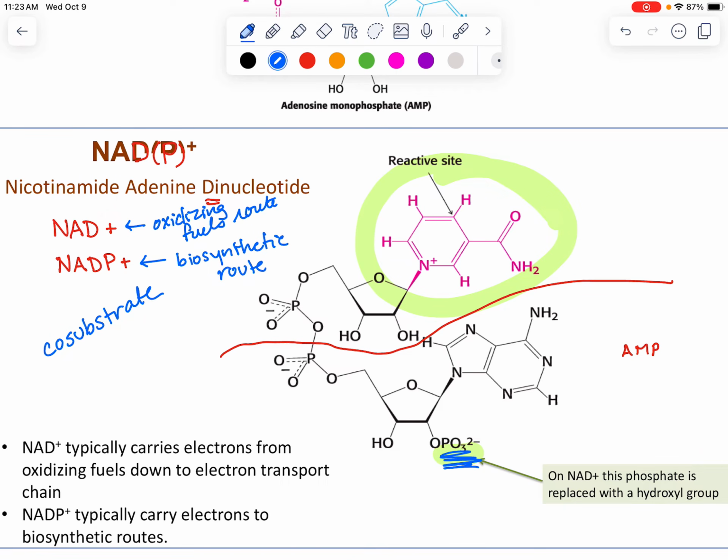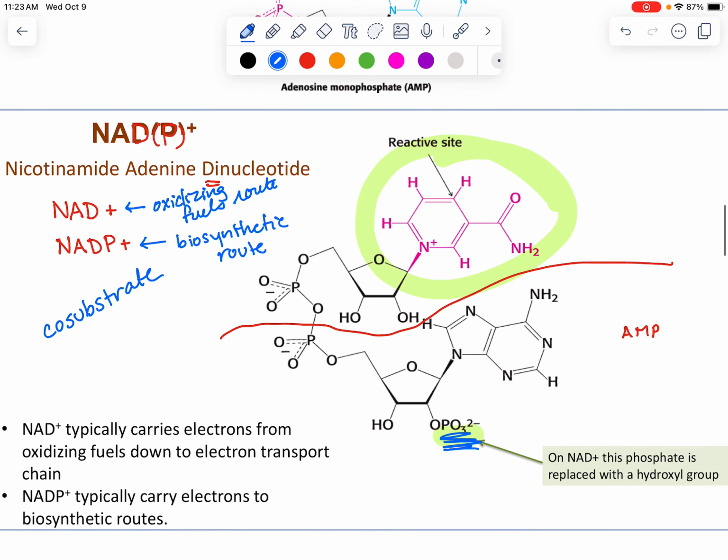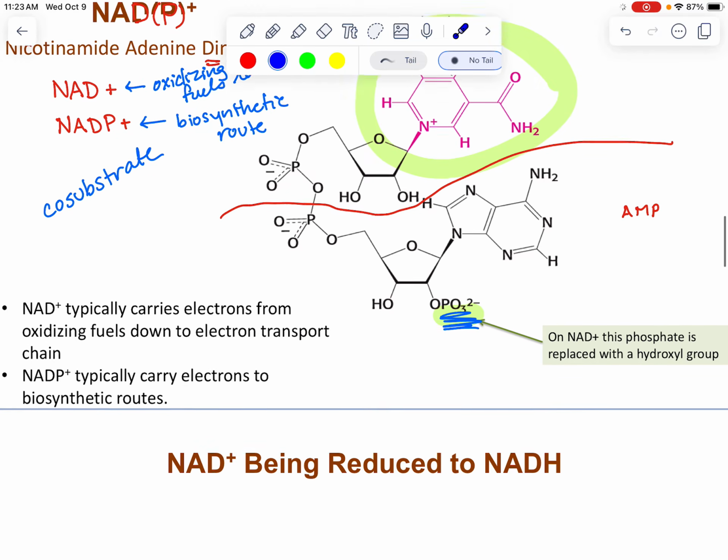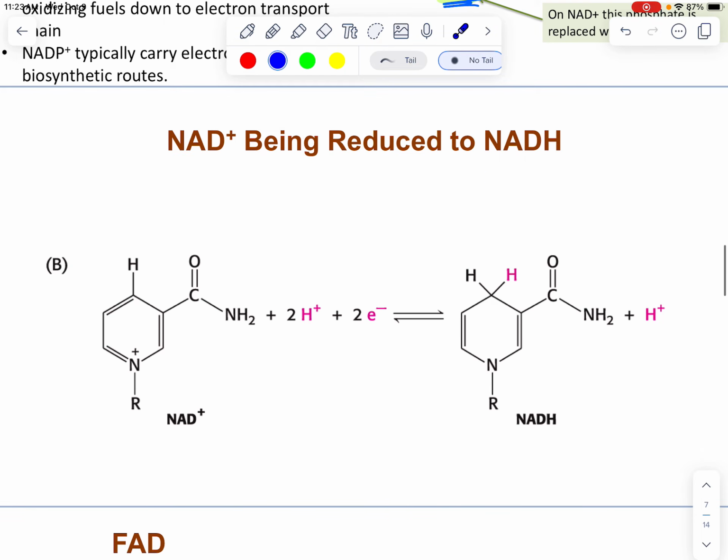Let's look at the process, and so we're going to look at just this part here. Okay, and I've redrawn just that active part. It's in a little different geometry, but if you match it up, it matches up. The rest of the molecule is this R group. And let's look at what happens.